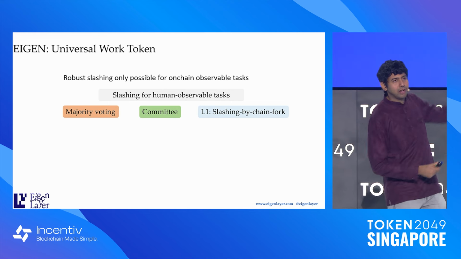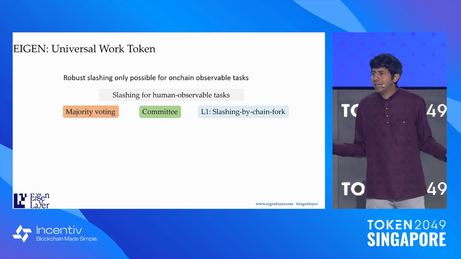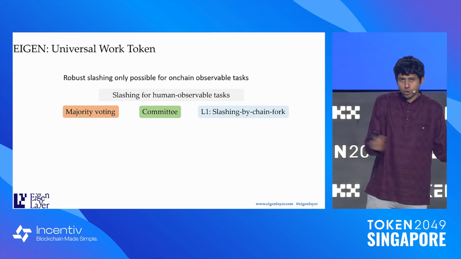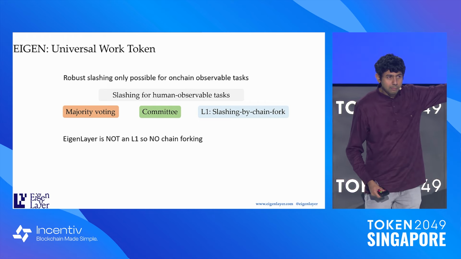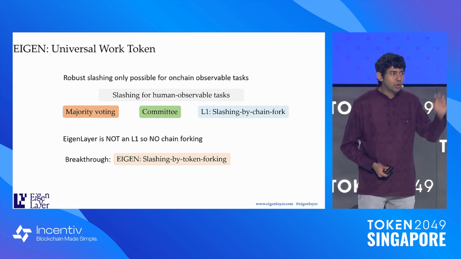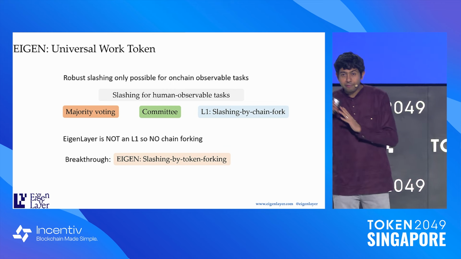You have to either have a group of token holders vote on it, but what if they all lied? What if a majority of them colluded and gave you the wrong answer? You put in a committee, but you don't want to trust a committee. So what we did is invent a new mechanism called slashing by token forking, where if a majority of these token holders collude and make invalid promises, then they will lose their value by forking the token.